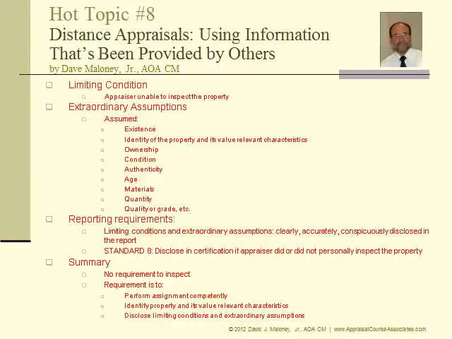For items no longer available for inspection, there are no limitations. But for items still available for inspection, there are limitations as to the types of property that should be appraised sight unseen, and there are limitations as to the intended uses of appraisal reports for assignments in which the appraiser did not personally inspect the subject property.